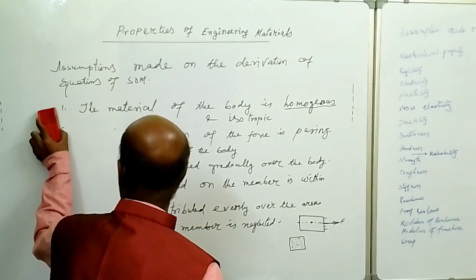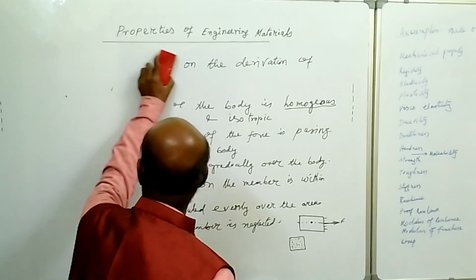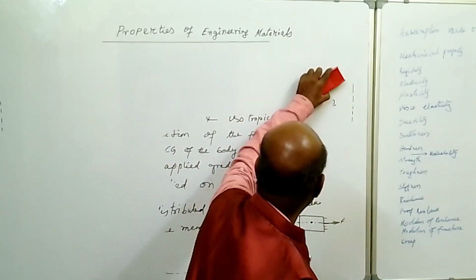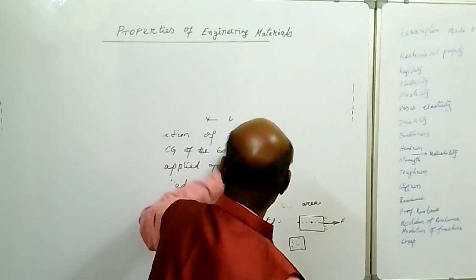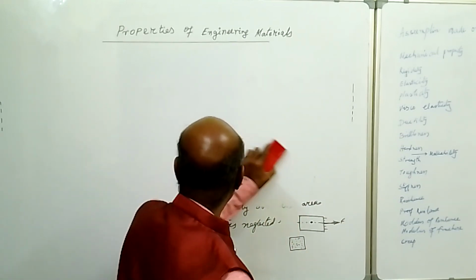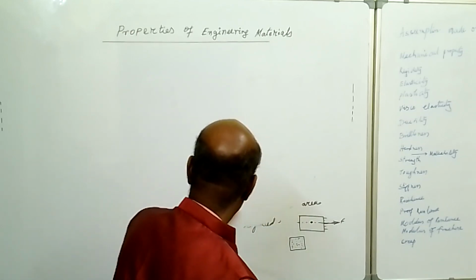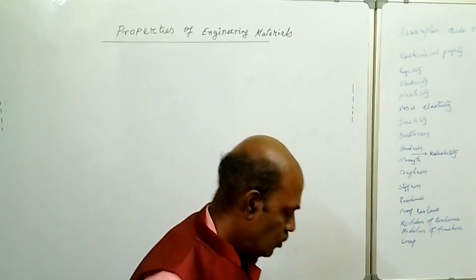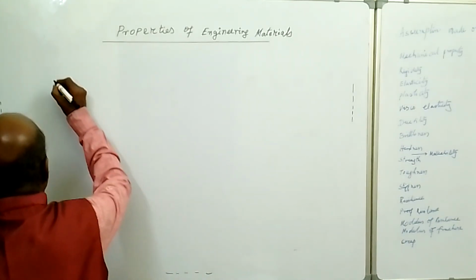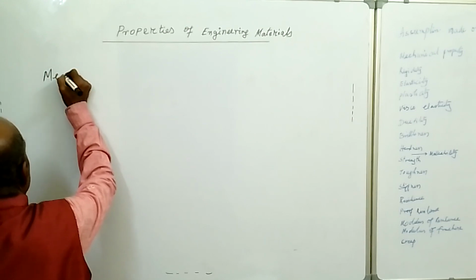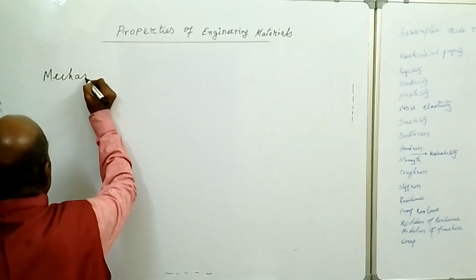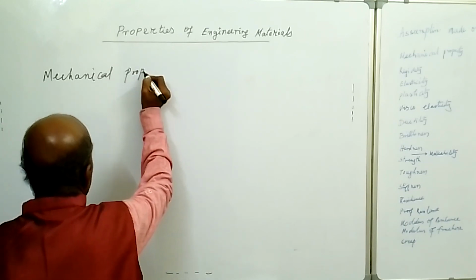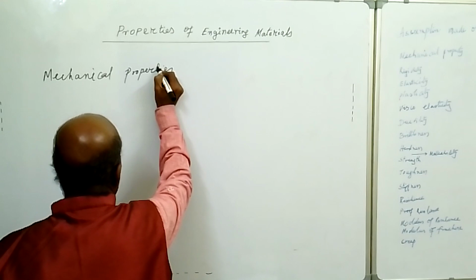The various properties we will see here. So the first property, before this we will see what is known as mechanical properties. So what is the definition of this?